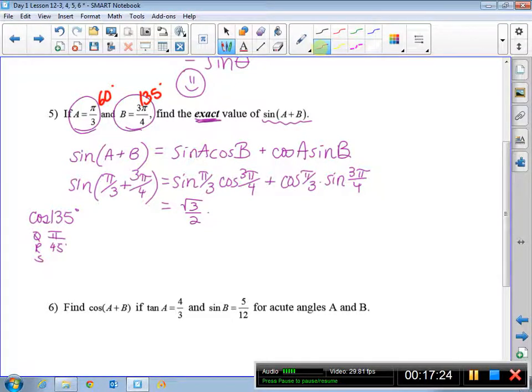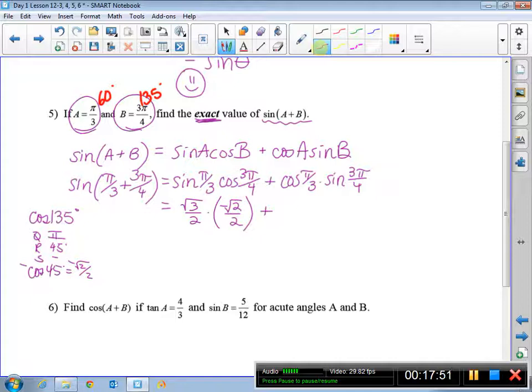Cosine in quadrant 2 is negative, so it's negative, and the cosine of 45 is radical 2 over 2. So negative radical 2 over 2. Doing those a little differently than we normally do, but we put the negative in there. Cos of 135 is negative cos of 45.